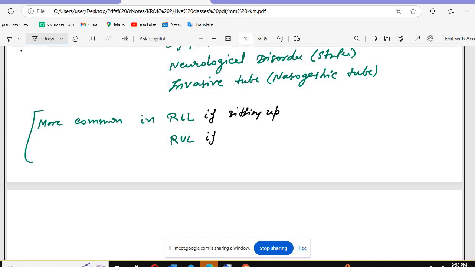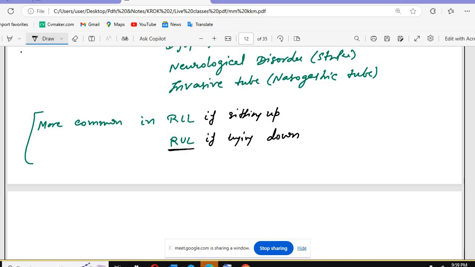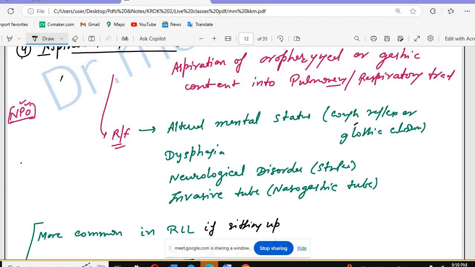And if he is in the lying down position, then it is more common in the right upper lobe. And this aspiration pneumonia has some complications. It can progress to lung abscess.